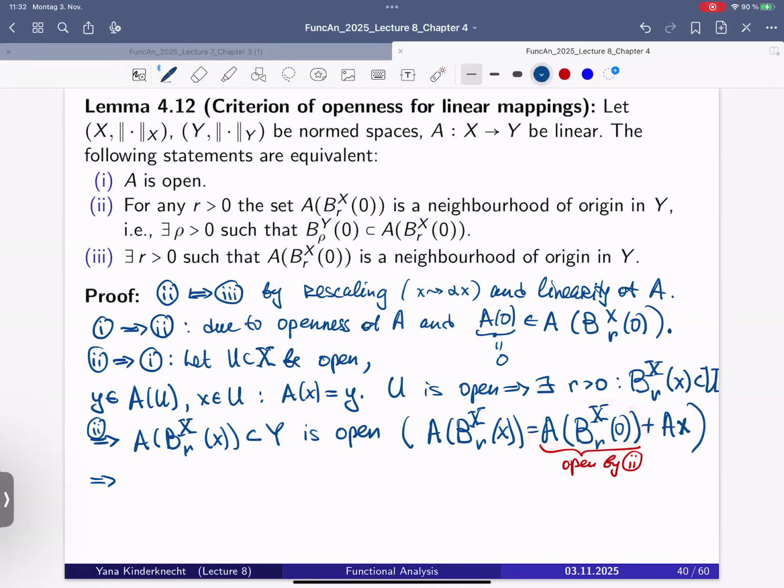Using this, there exists a positive rho such that a ball in Y with radius rho around 0 is a subset of A of B_R(0).